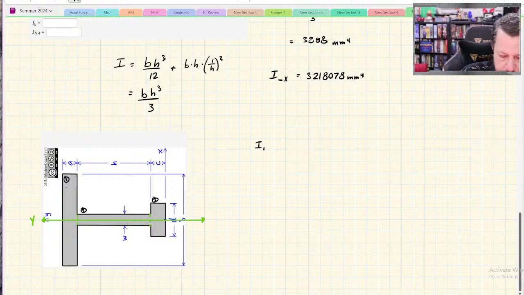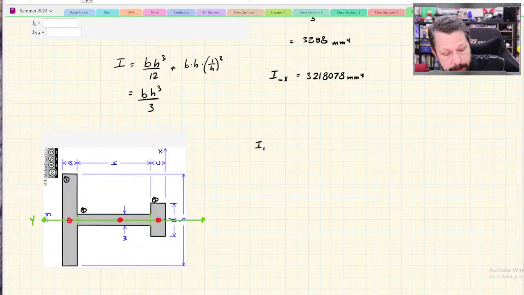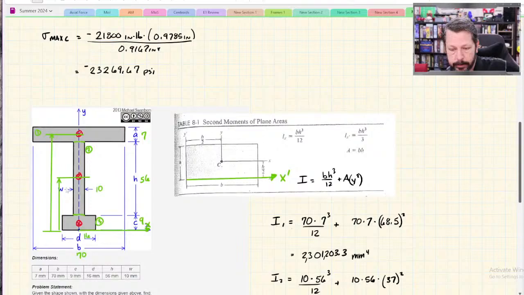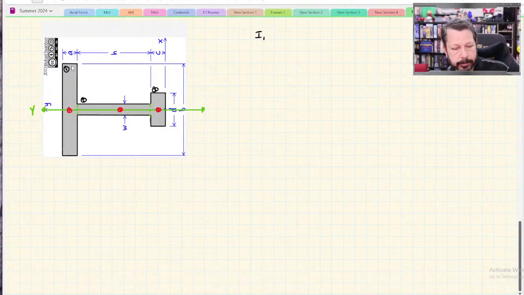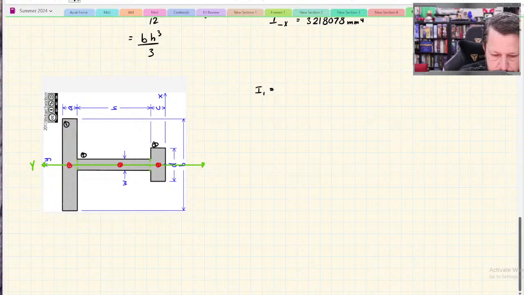The really cool thing now is the centroids all land on my reference axis, so I don't need the parallel axis theorem. I just need the moment of inertia of each shape about its own centroid, bh cubed over 12. I just have to know that b is parallel to the y-axis. So that's why I rotated it, to make sure that b is the base parallel to the reference axis.